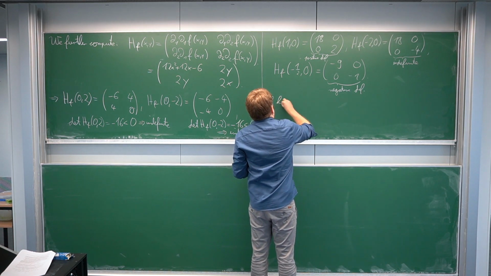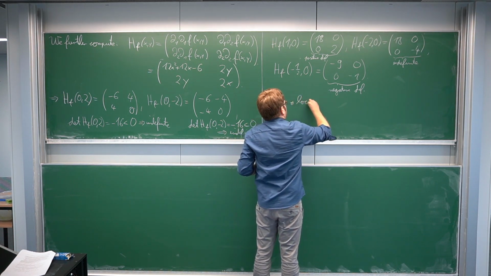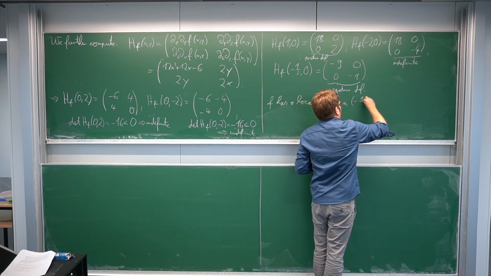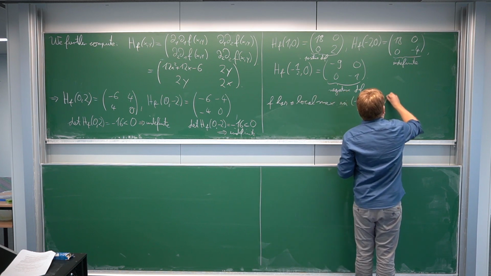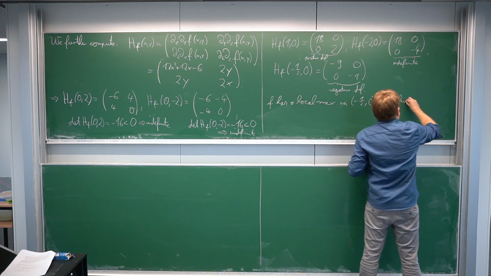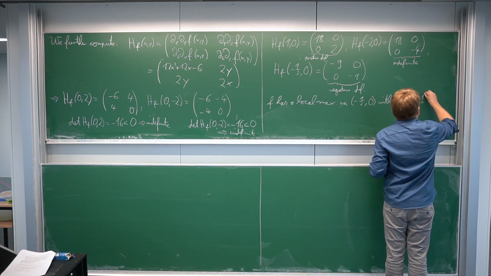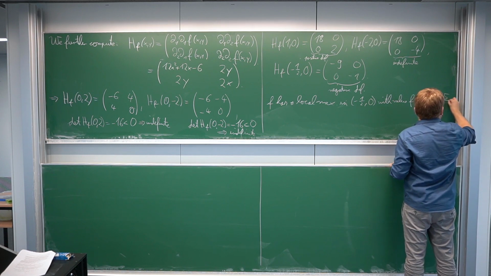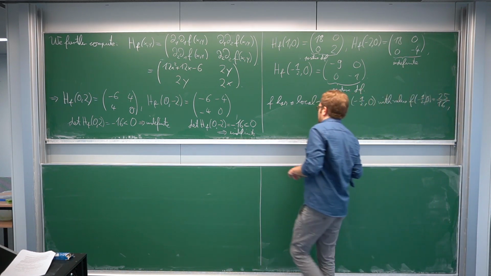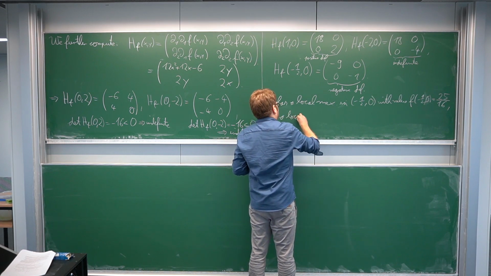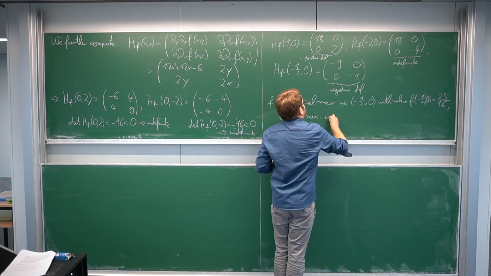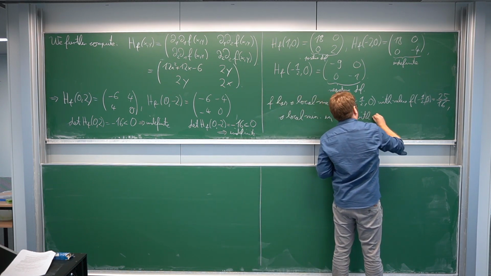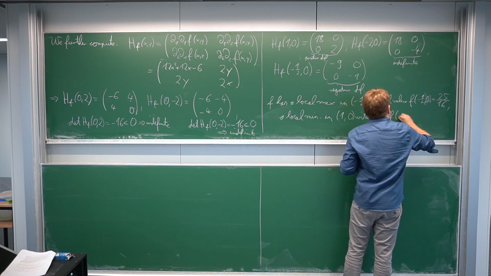So f has a local maximum in (minus 1/2, 0) with value f of (minus 1/2, 0), which is 25 over 16 if you compute this, and a local minimum in the point (1, 0) with value f of (1, 0).